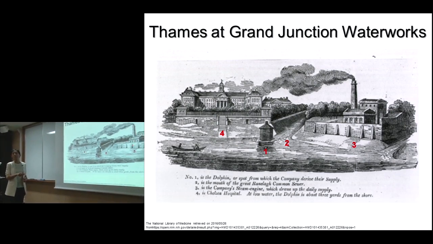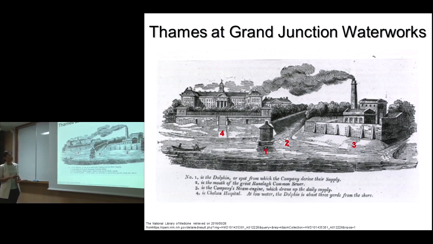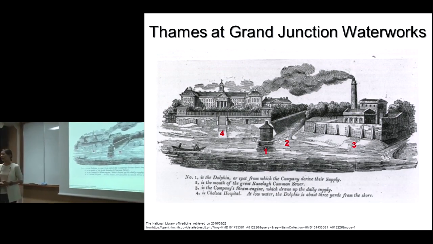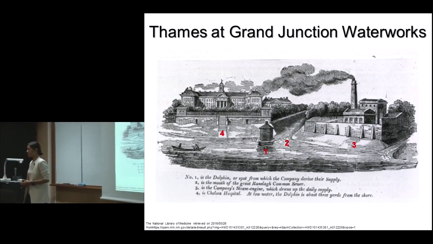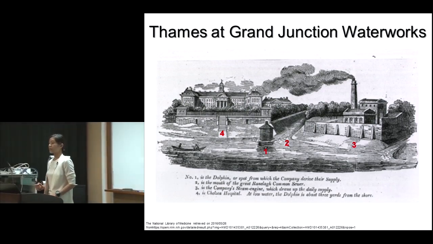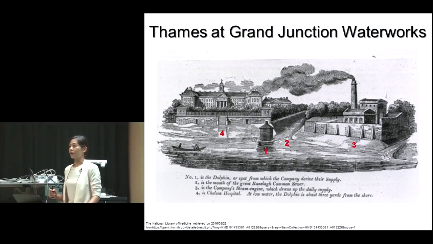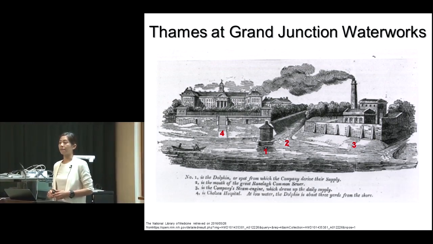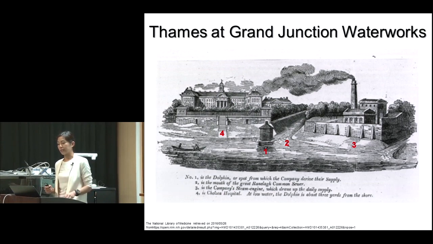And as you can see, the pollution is being generated right by the side of the river. Also, it was very close to the drainage of the hospital. So just to show you, during that time, sanitation was not yet well developed in London during the 1800s.